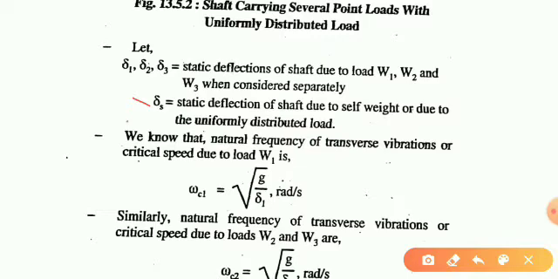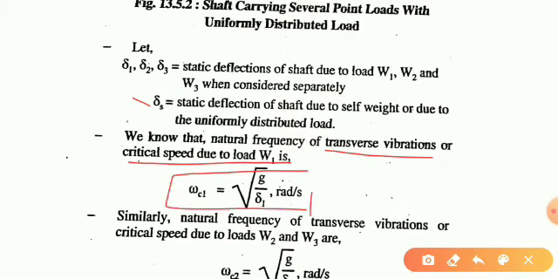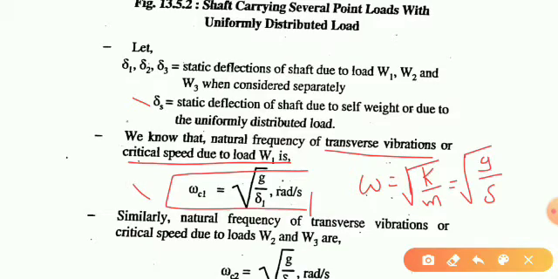Now we know that the natural frequency of transverse vibration or critical speed due to W1, omega 1, is equal to under root k by m, or equal to under root g upon delta. So here we use the equation under root g upon delta 1, which is for load W1.